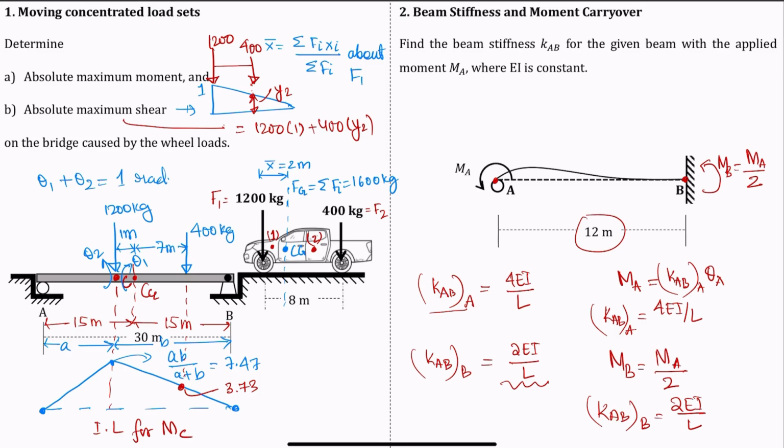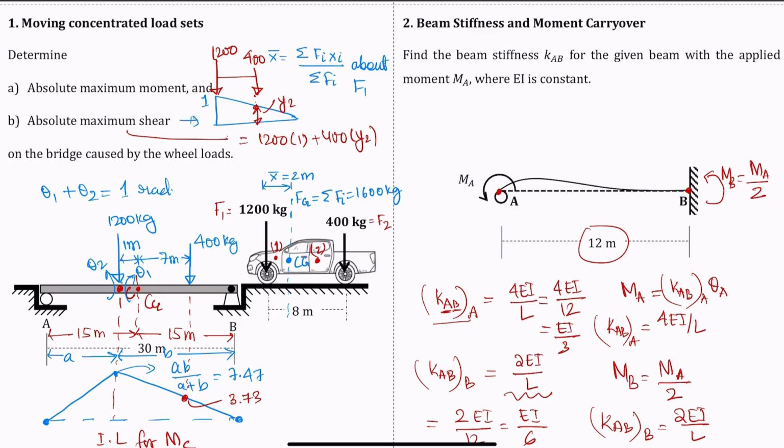So basically all you have to do is 2EI over 12, and that will be EI over 6. That will be your stiffness KAB at joint B, and the stiffness KAB at joint A will be 4EI over 12, which is equal to EI over 3. So that's what you can expect from beam stiffness in a given beam problem.